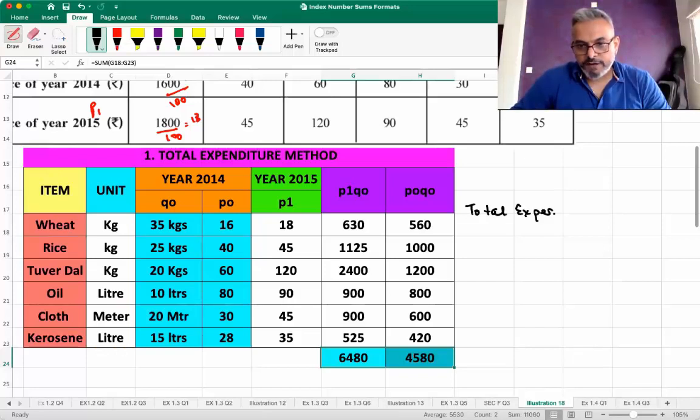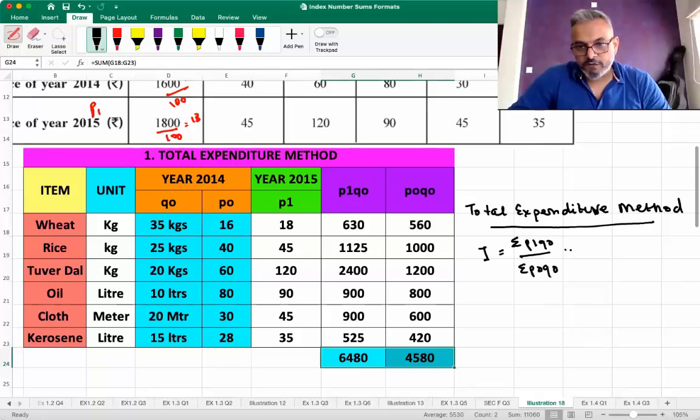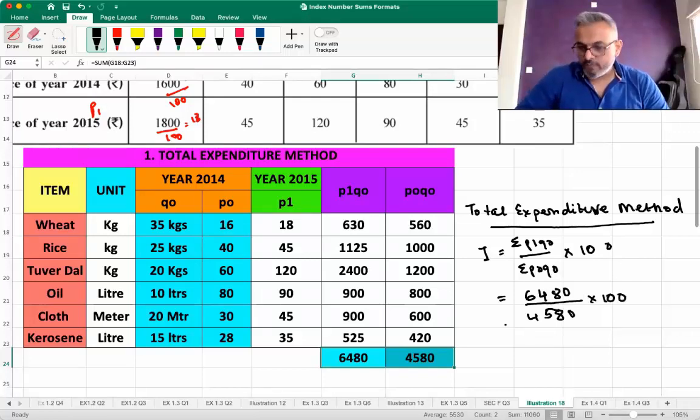So total expenditure method, I is equal to sigma P1Q0 upon sigma P0Q0 into 100, which is equal to 6480 upon 4580 into 100, which is 141.4847.